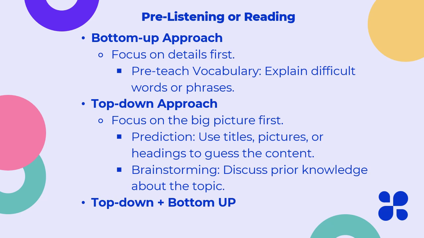And then they follow up with a bottom-up activity where they ask students to work on difficult vocabulary to better enhance their understanding when they get to read the text itself. So combining the 2 is probably more common than we believe.